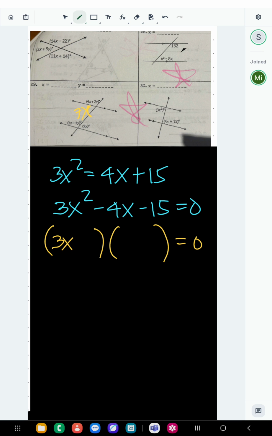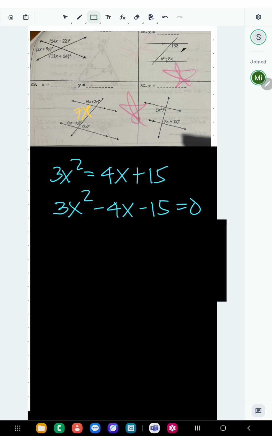So what is that? You said you multiply everything by 3, or maybe you divide everything by 3. Yeah, but it will be hard to factor now.